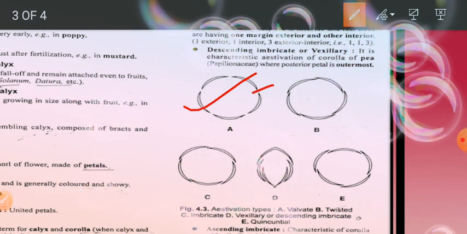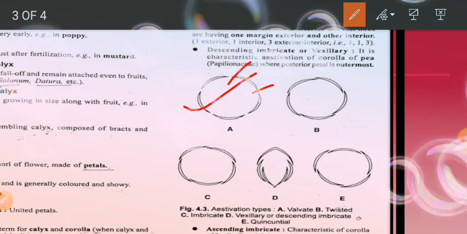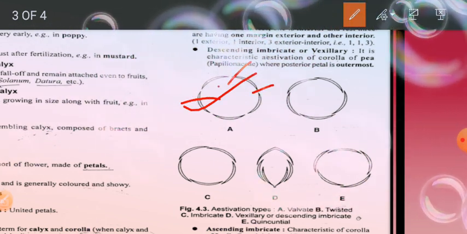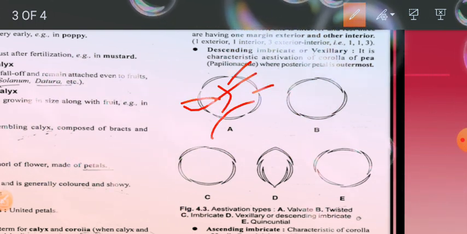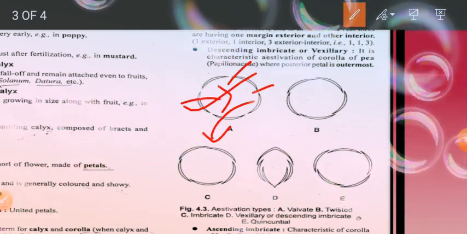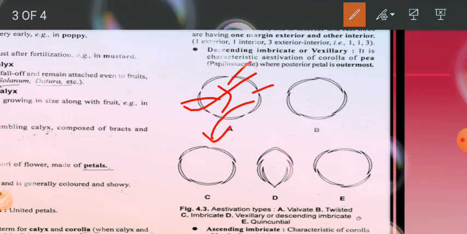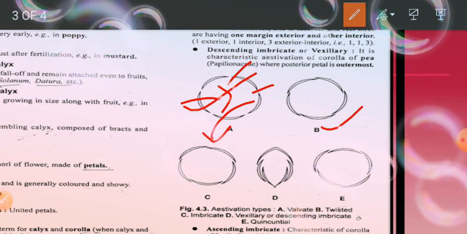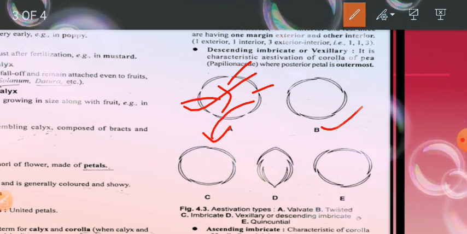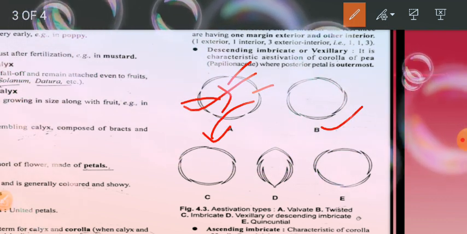Here you can see the sepals and petals meeting at their edges, so this is known as the valvate type. If the edges are twisted inward, it is the induplicate type, or if outward, it is the reduplicate type. Then twisted type, as you see in figure B, is finally twisted, one overlapping the other.